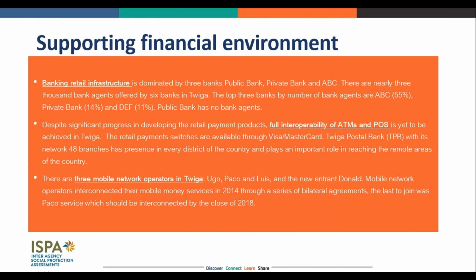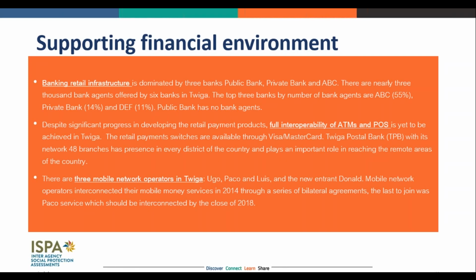The retail banking infrastructure is dominated by 3 banks. They do have agency banking in Twiga that's offered by 6 banks, but not all banks do actually have bank agents.